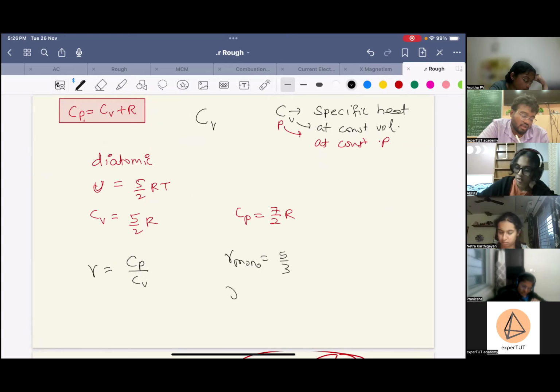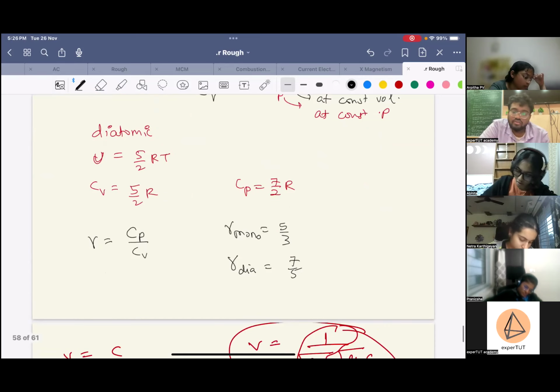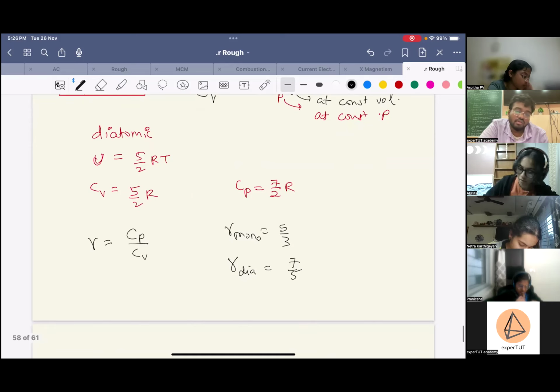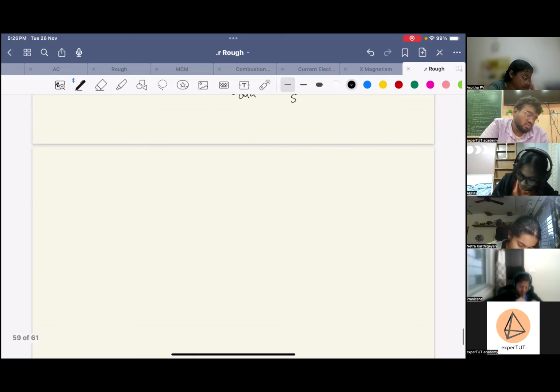And gamma for diatomic? 7 by 5. Okay, very good. Everyone has understood till here. Gamma for mono is 5/3, gamma for di is 7/5.